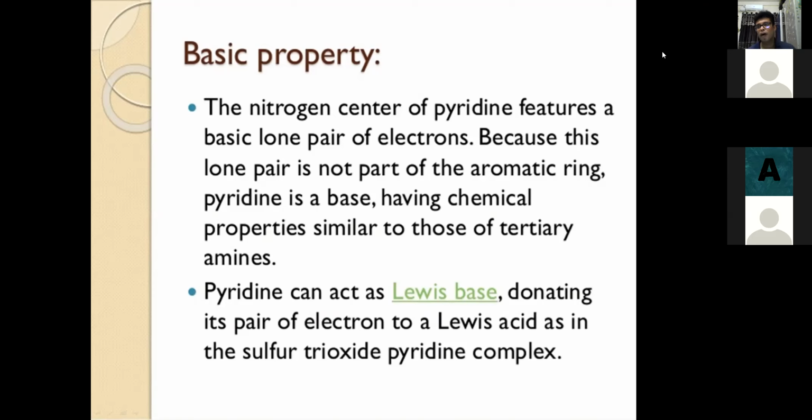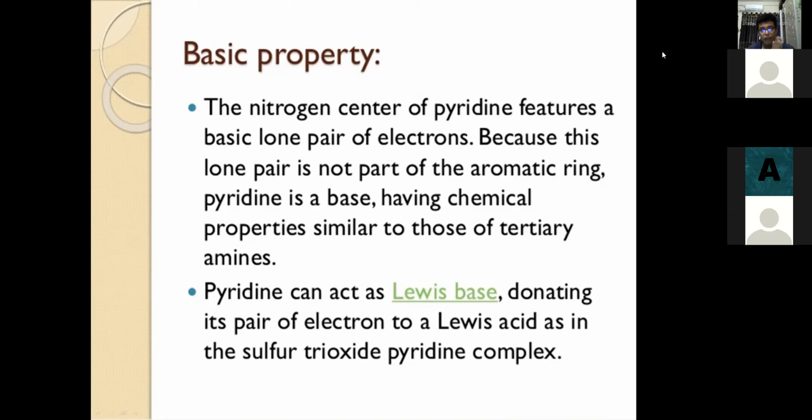So it is free to form a coordinate bond or a complex with acids. So it acts basically as a tertiary amine. Pyridine acts as a Lewis base by donating a lone pair of electrons to Lewis acids, like sulfur dioxide, and a complex is formed. That's the reason why pyridine acts as a base.